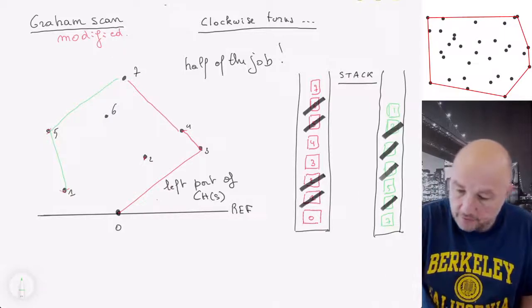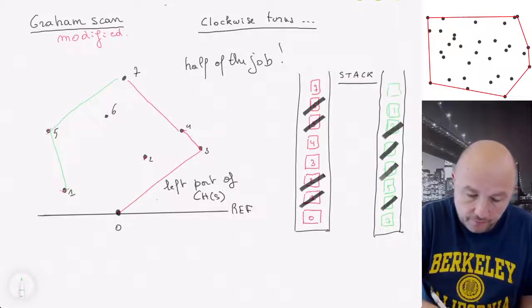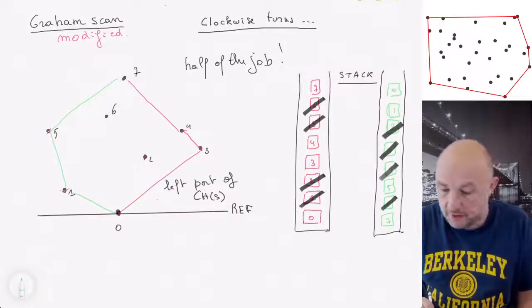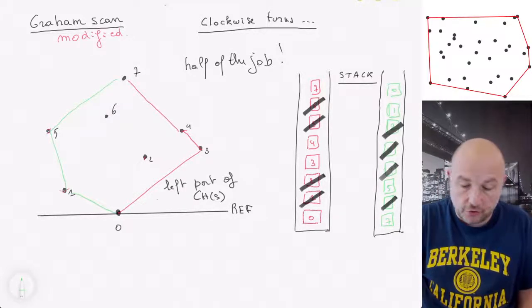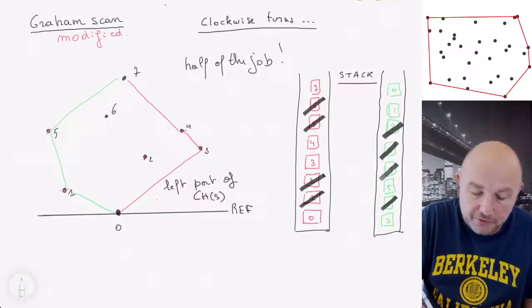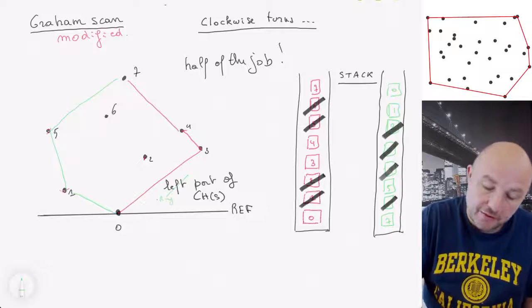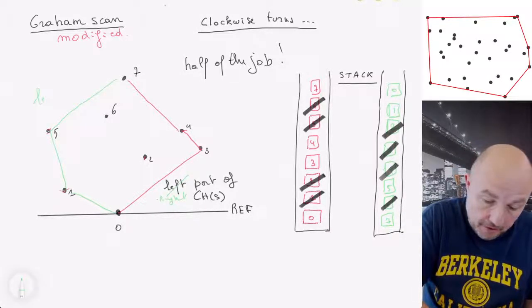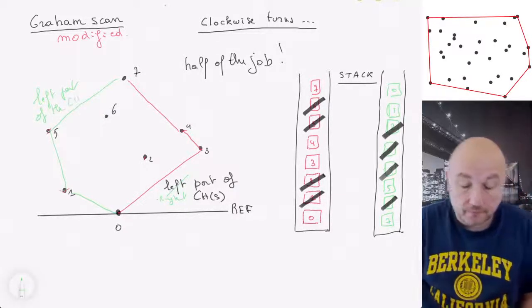We can continue. Then we put 0 here. And we're done because 5, 1, 0 is okay. Excuse me, this was the right part of the convex hull. This is the left part of the convex hull.